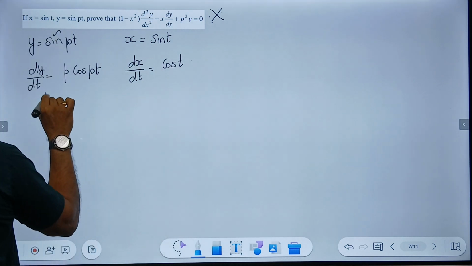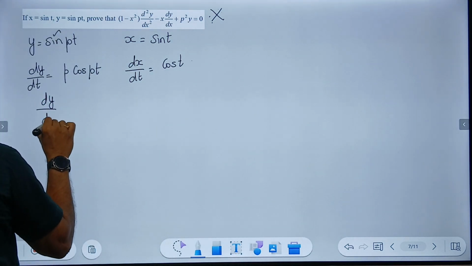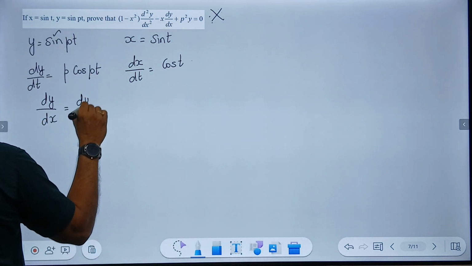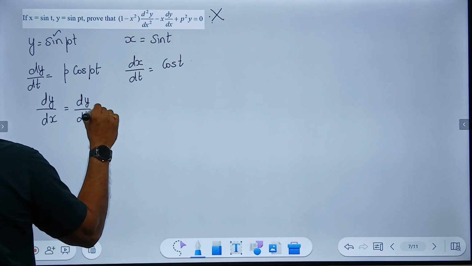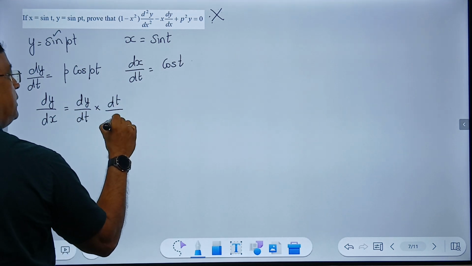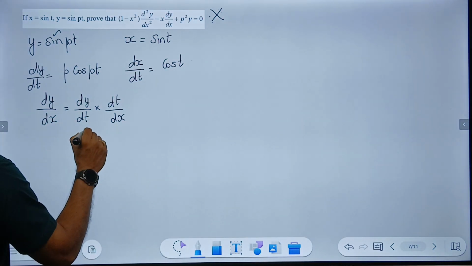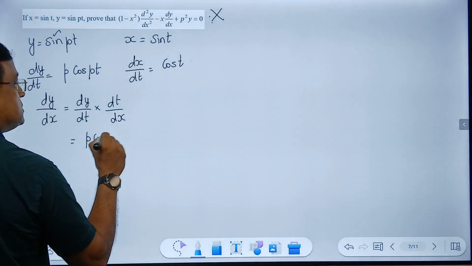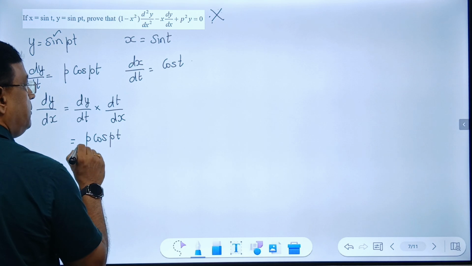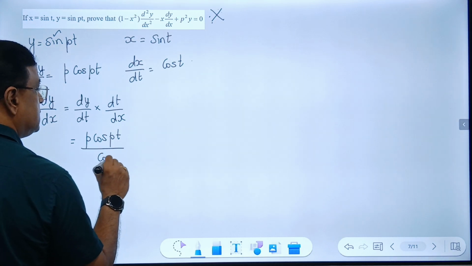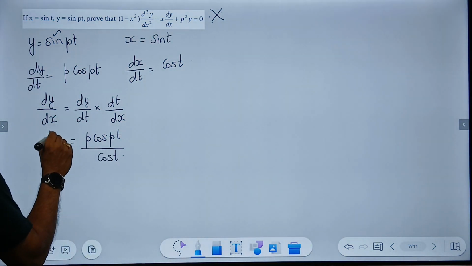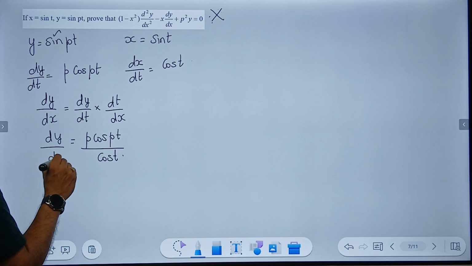Now what is dy by dx? dy by dx will be dy by dt into dt by dx. dy by dt is p cos pt, and dt by dx will be 1 by cos t. This is my dy by dx.